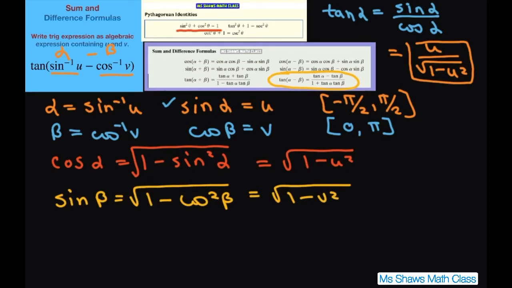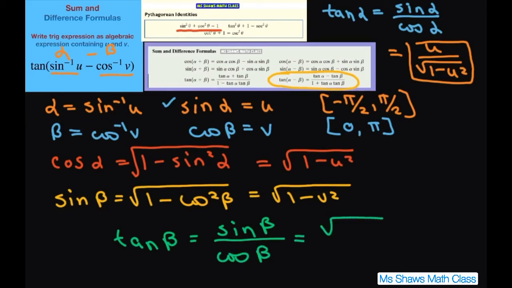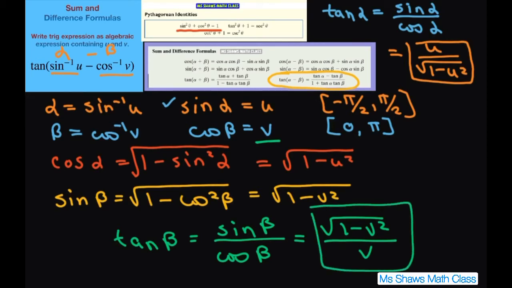Now tan of beta equals sine of beta divided by cosine of beta. So sine of beta is the square root of 1 minus v squared, and cosine of beta equals v. So now we have our tan of alpha and tan of beta.